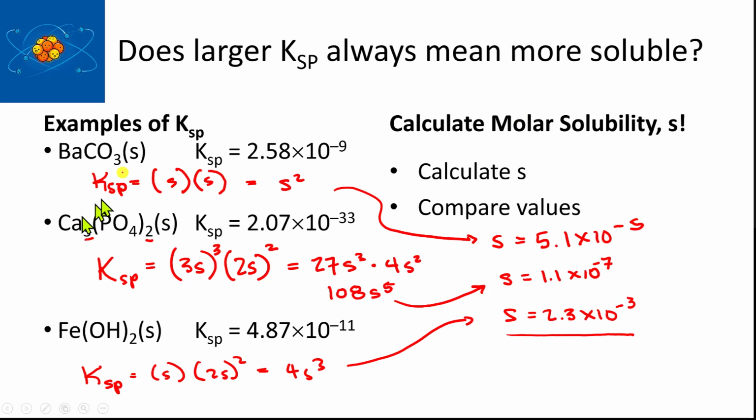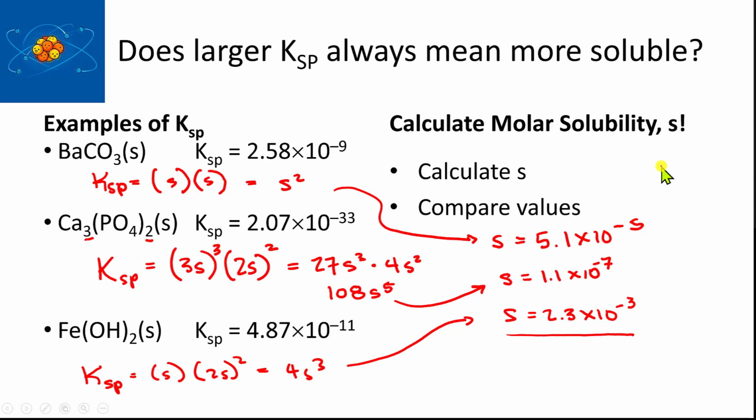One, if the forms of the ions are different, the ionic compounds are different, that is, they give different solubility product expressions in terms of S, then you have to calculate molar solubility to figure out which one's most soluble.